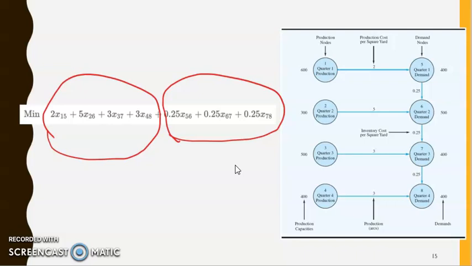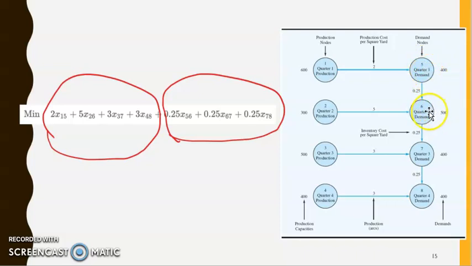So these 2x15, you can find it here, and 5x26, 5x26, 3x37, and 3x48. And for the inventory cost, the number of units that you send from quarter 1 to quarter 2, x56.